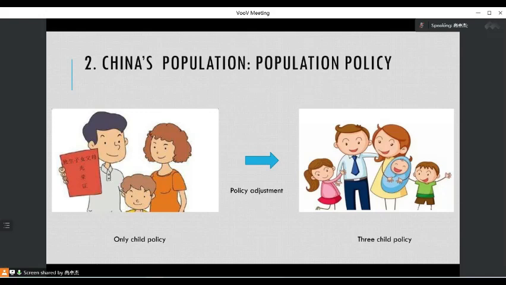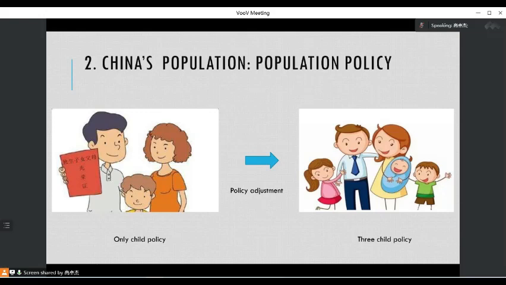For about 30 years, one couple in China could have only one child. But recently, the Chinese government changed this policy.